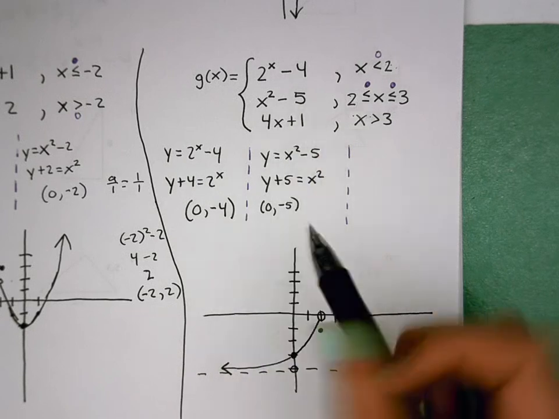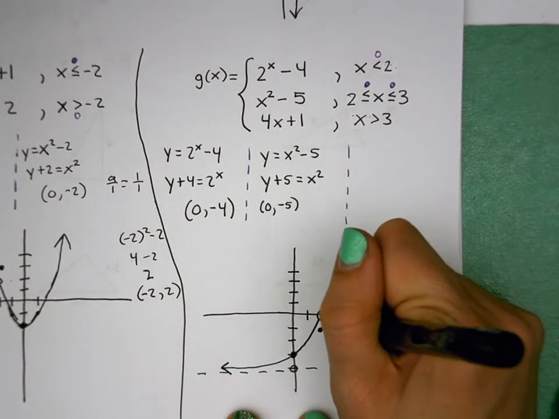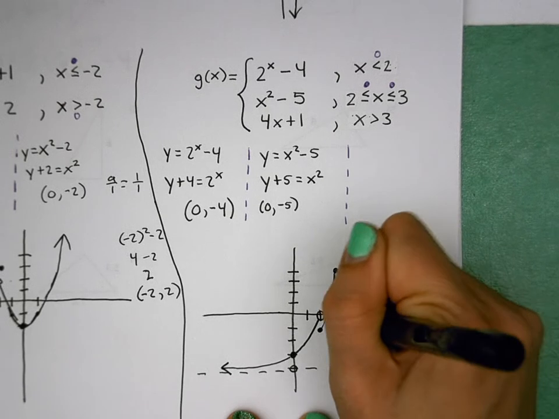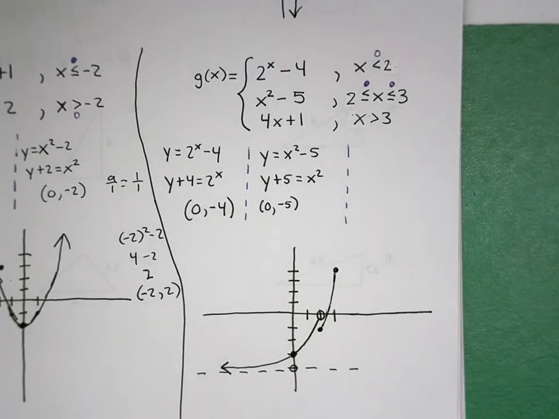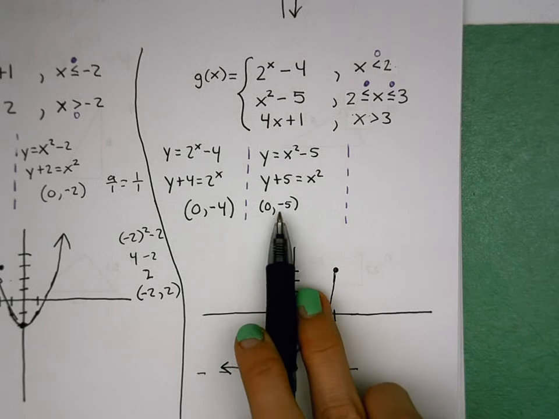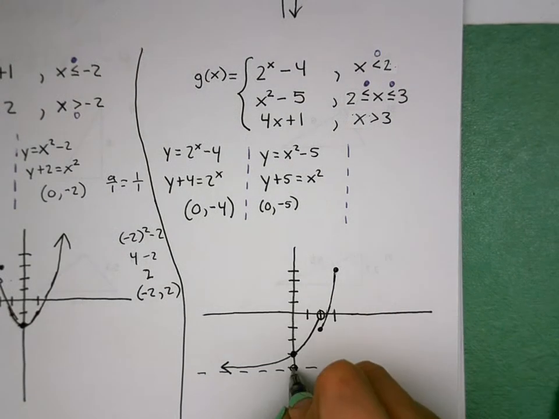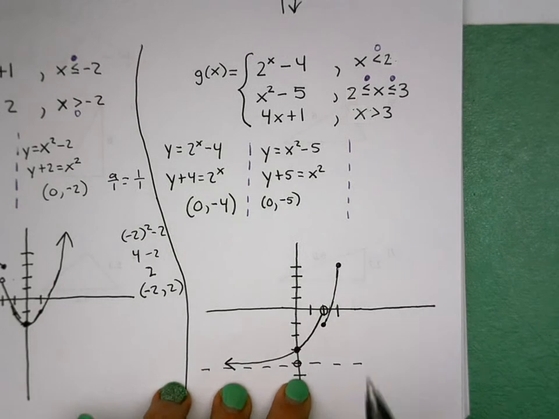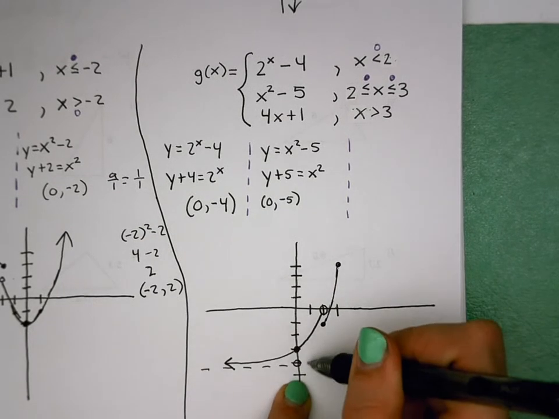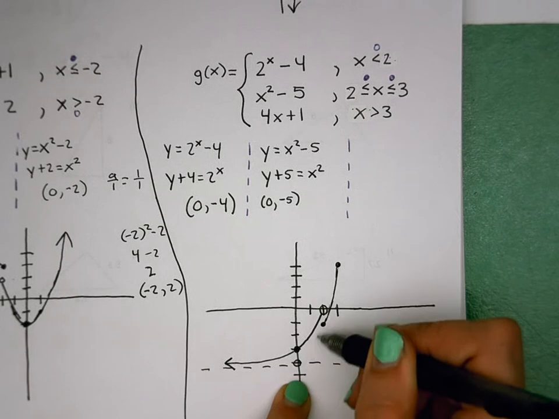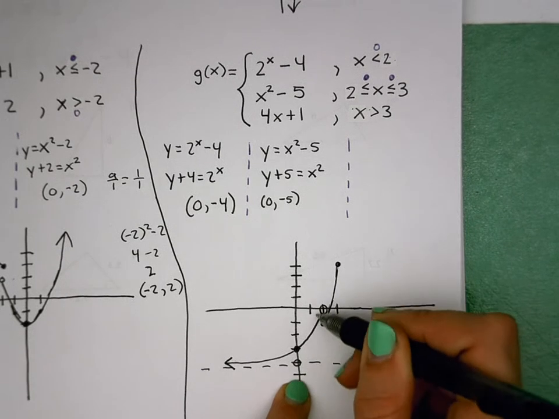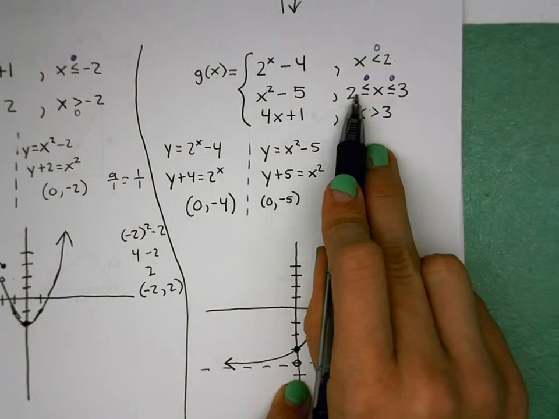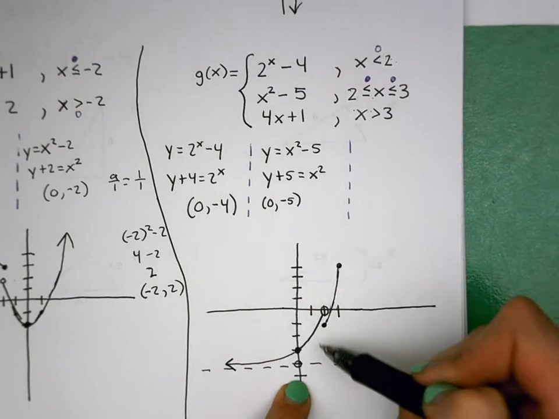There should be a slight curvature as you connect it, creating that U shape that I know I will have. For those who are sketching, if you were to come down to (0, -5) and plot a very light point right here, and graph your quadratic from that point to help you sketch, you are more than welcome to do that. Again, just make sure you erase everything up to 2, because that's where my quadratic starts for this particular piecewise.